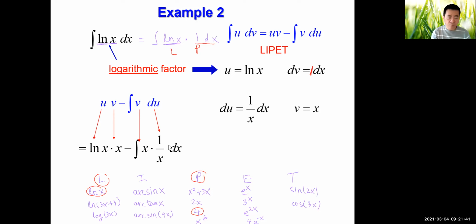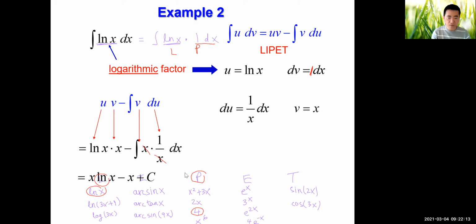We have this ln x times x minus the integral. There's still a product there, but I could simplify because the x cancels and you're left with 1. What's the antiderivative of 1? Well, the antiderivative of 1 is x.